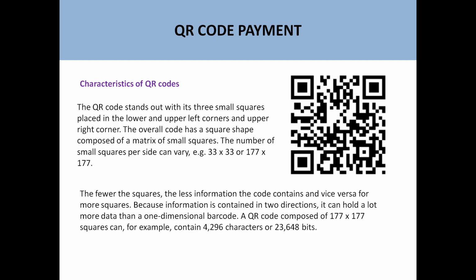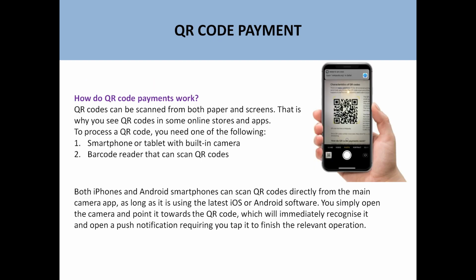Now here's the question: how do QR code payments actually work? Basically, friend, QR codes can be scanned from both paper and a screen. A QR code can exist on your mobile phone, for example, I have a QR code in my mobile gallery.